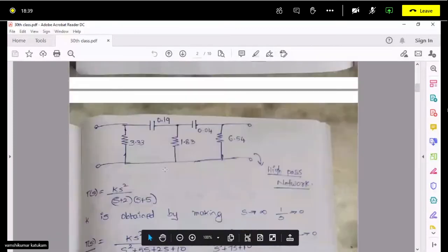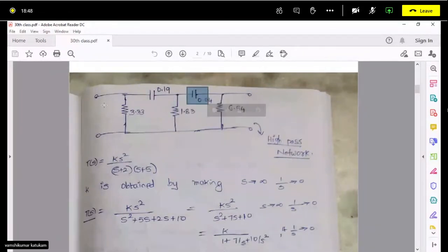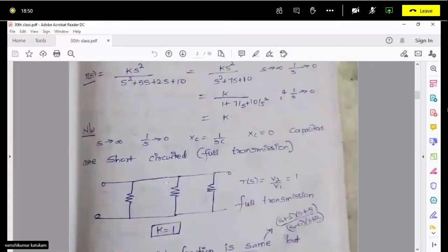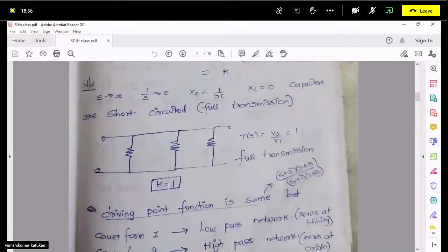And by comparison from the network, as s tends to infinity, 1 by s tends to 0, so the capacitor will become short. There is a full transmission, you can see, so the transfer function is 1. V2 upon V1 is 1, so you will get K is 1.